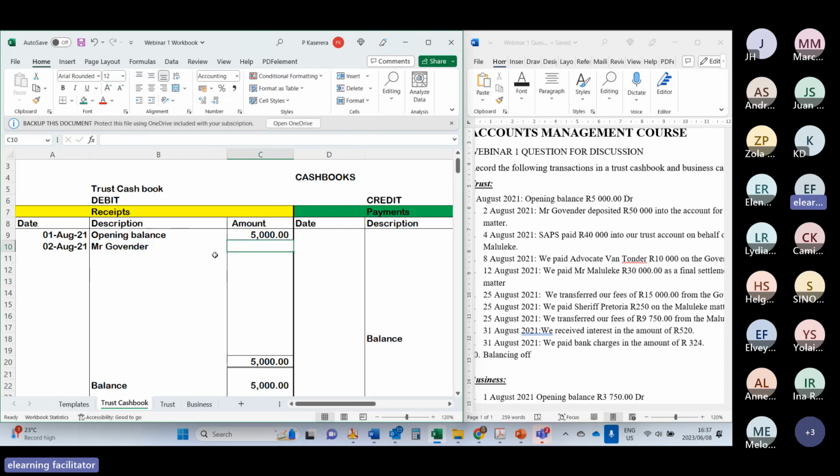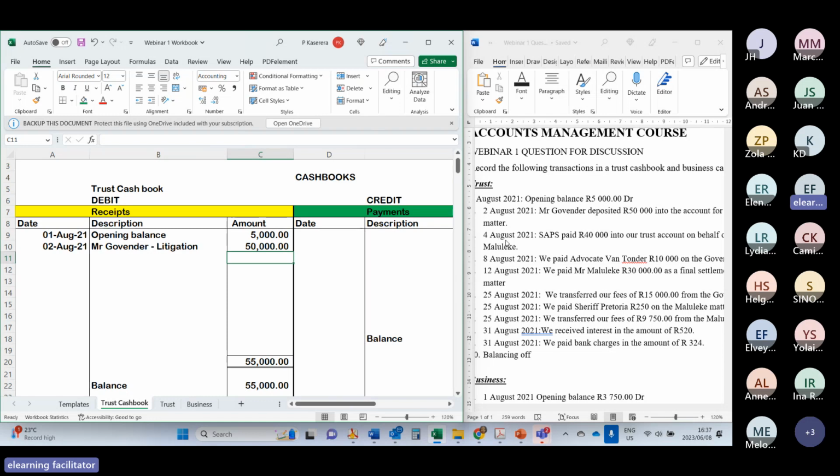So it's for a litigation matter. Maybe we can just show that it's litigation, so that if he deposits for another matter, we can distinguish by matters. Okay, so in this case, its amount is 50,000. So this is how we record our cash book.